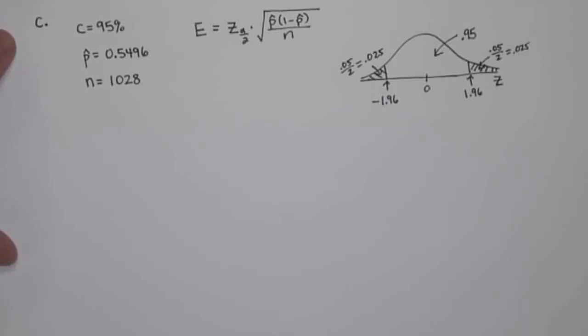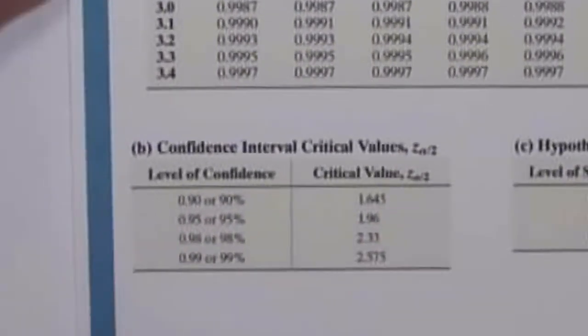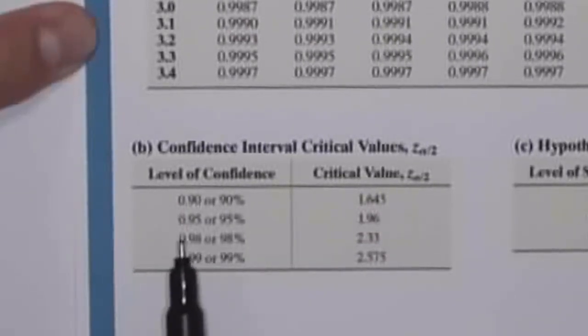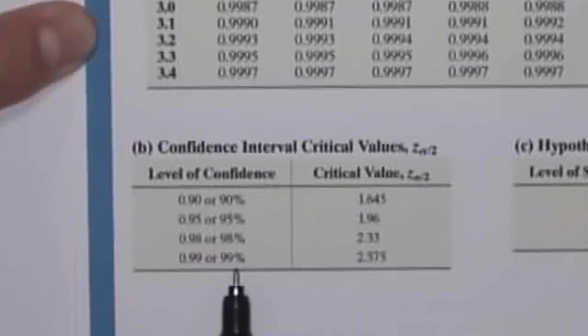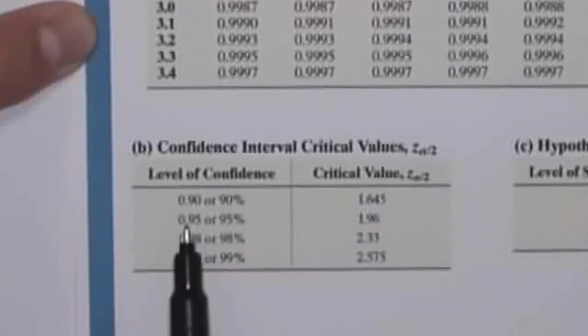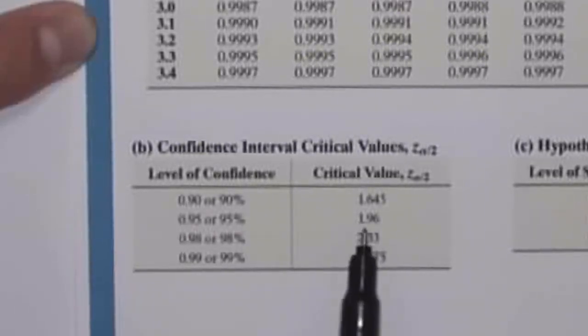Now I also want to point out real quick, on your standard normal table, at the bottom of the second page of that table, we have the most common critical values that we're going to use. So for example, if you look here in section B of this table, right here it has a 95% level of confidence, and it tells us that critical value is 1.96.